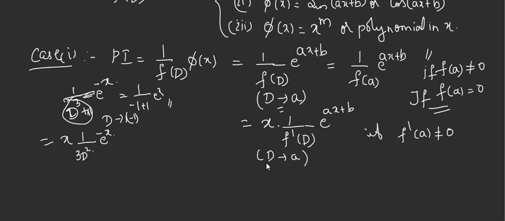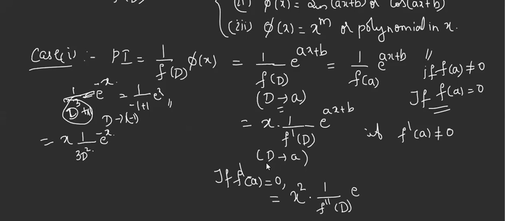Now, again, suppose f dash of a is again 0. If it is giving us 0, what do we have to do? Can you guess? Multiply by 1 more x. So it becomes x square. Again differentiate f dash, and you get f double dash.